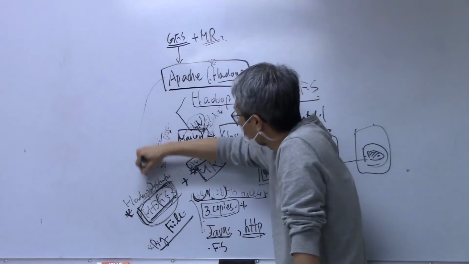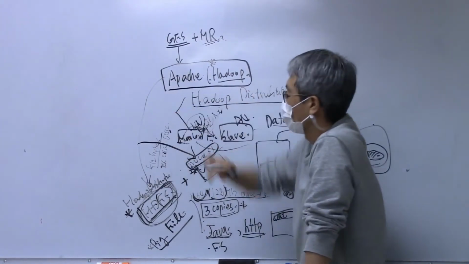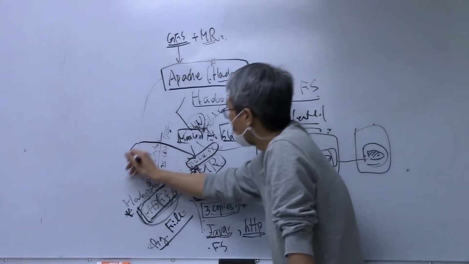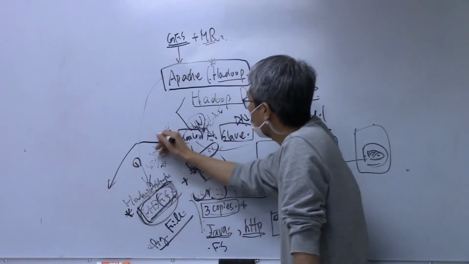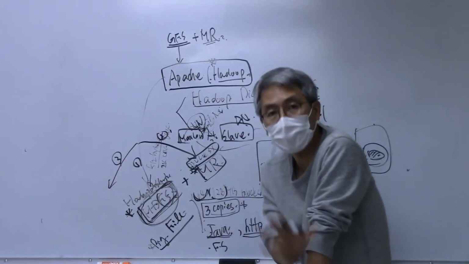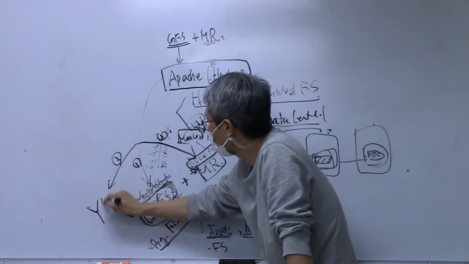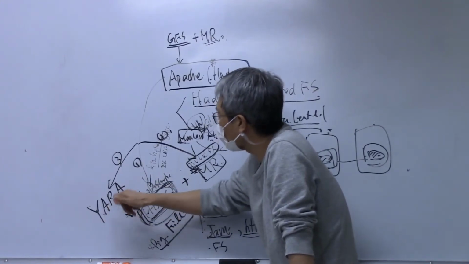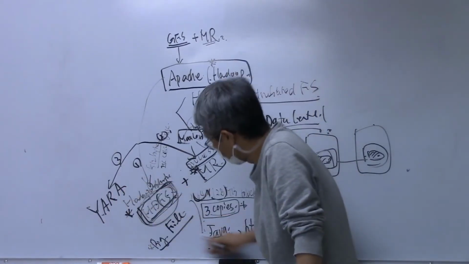So Apache Hadoop basically is HDFS and MapReduce. There is another, a third core component called YARN, Yet Another Resource Negotiator.